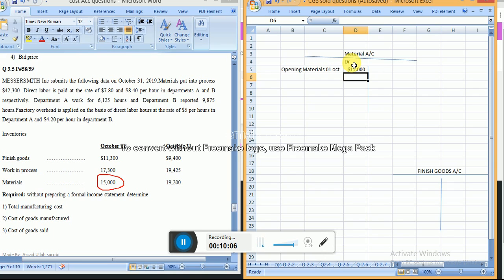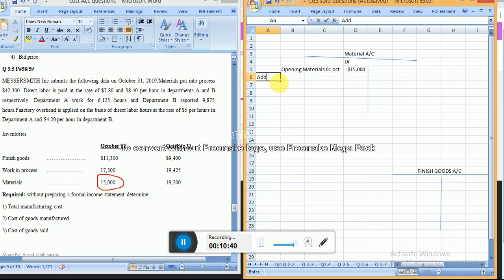During the month, we will add the material purchases. Why? If we look, the beginning material, the remaining material from the previous month, is $15,000 and the ending material is 19,200. So it means that during the month of October, the company makes some purchases. So we add those purchases with the beginning material.